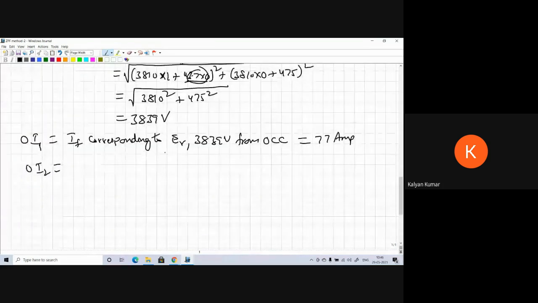OI2 is given by the vector sum of OI1 and I1 I2. They are displaced by an angle of 90 plus or minus 5.